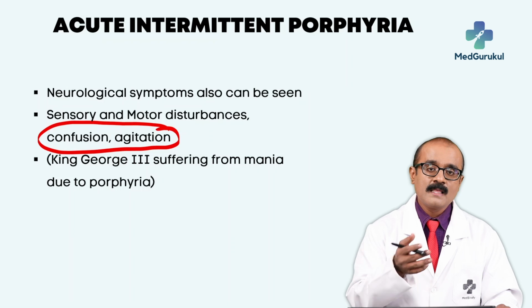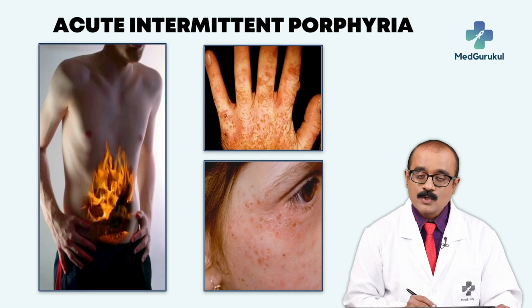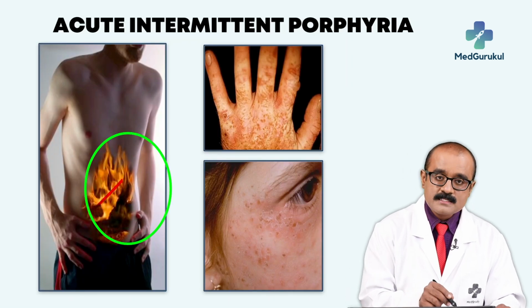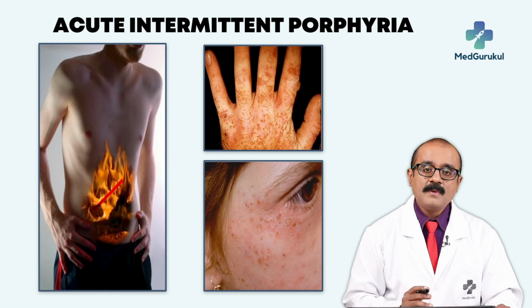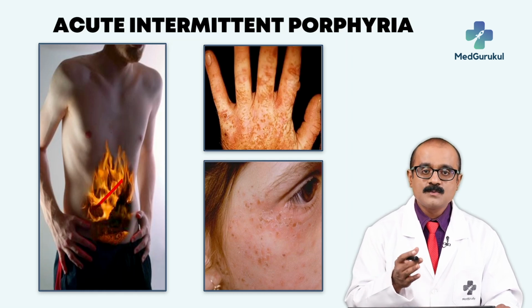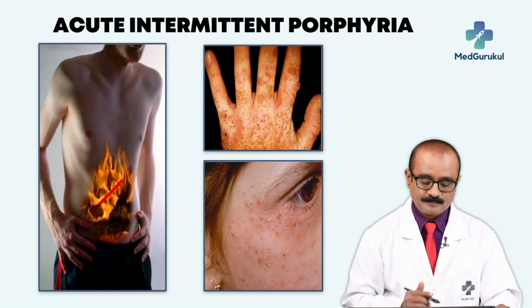Then they realized that this king was manic because of acute intermittent porphyria. So, as I told you, usually abdominal pain is seen, and some cutaneous manifestations you can see. ALA and PBG are the ones which get accumulated both in urine as well as plasma. There is no photosensitivity seen in acute intermittent porphyria.